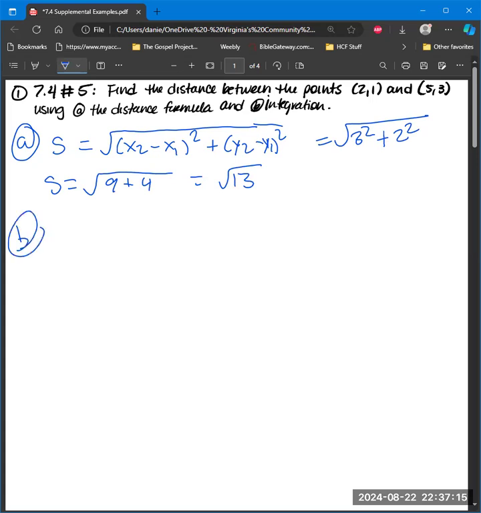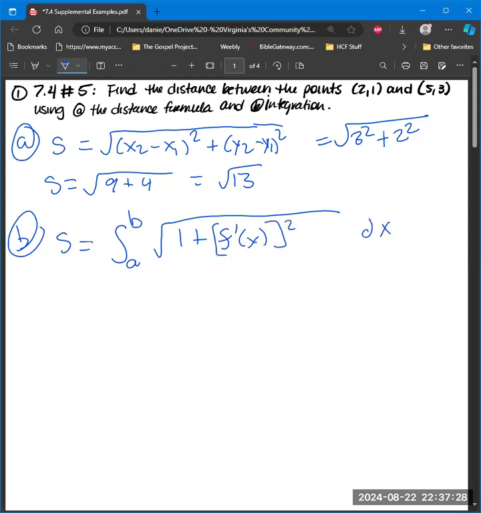For b, I'm going to say s is going to be the integral from a to b of the square root of 1 plus f prime of x squared dx, where f prime of x is going to be the slope of my line here.